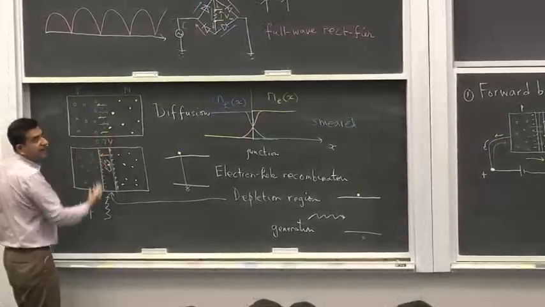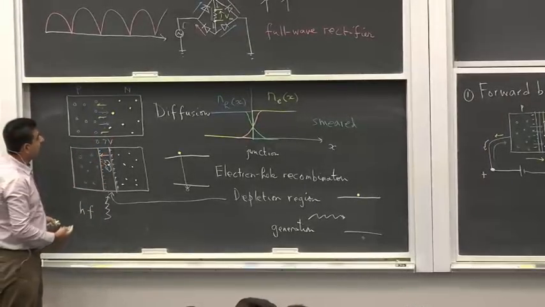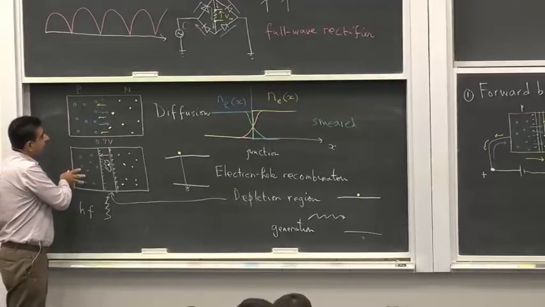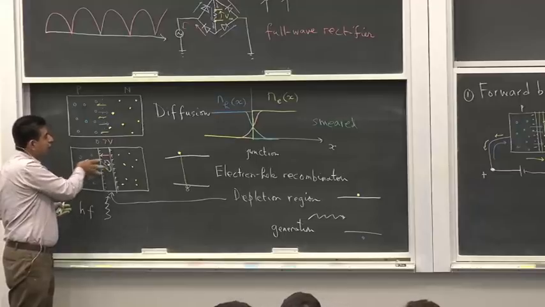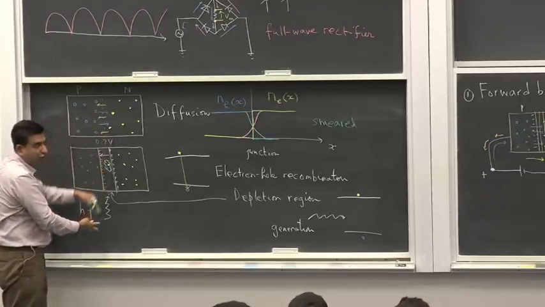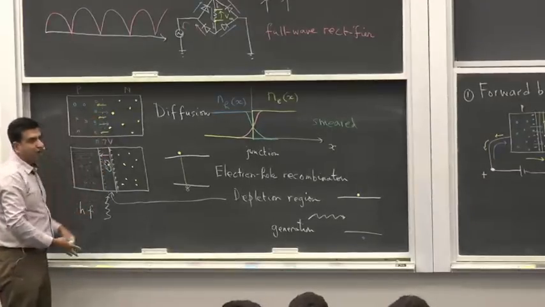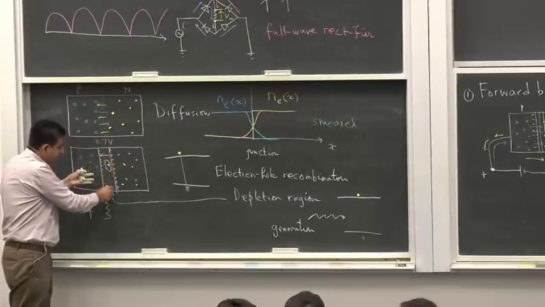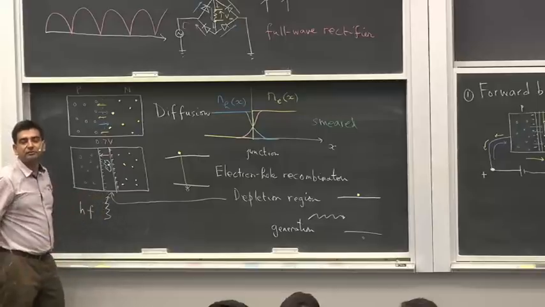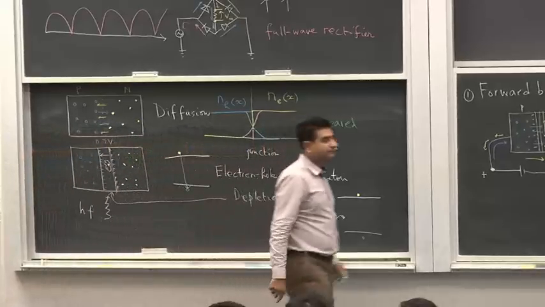If this voltage is higher, then the holes will find it more difficult to go across the interface. And if the holes find it easier to go across the interface, this voltage has actually dropped. And when the voltage drops, it is like the distance between these plates has gone down. Okay? Yes?